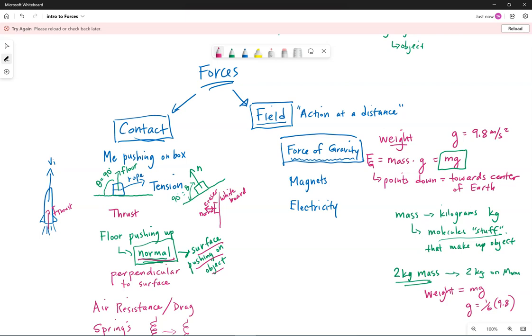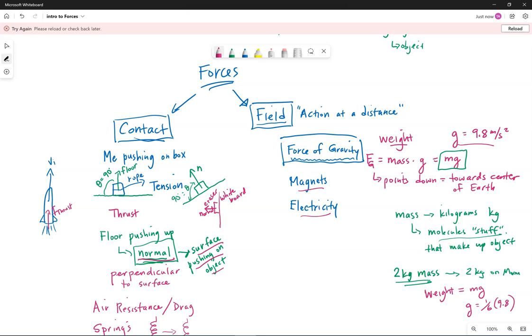We just need to recognize that the acceleration due to gravity is completely dependent on where we're talking about. So here, of course, we're going to be talking about objects on the Earth, because that's where we live. And so g, we will continue to use 9.8. But we do want to make that distinction between mass and the force of gravity or weight, so that we are not interchanging them and confusing them.